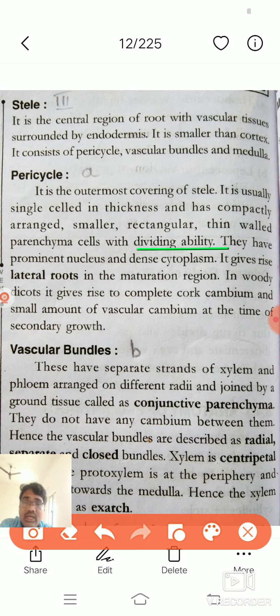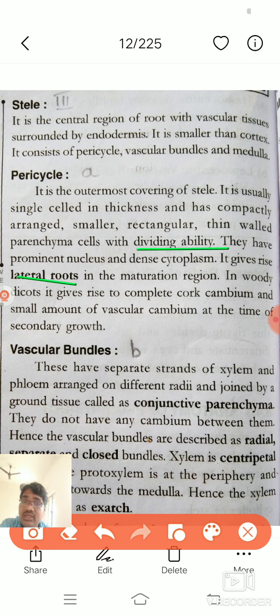They have a prominent nucleus and dense cytoplasm. It gives rise to lateral roots in the maturation region. So lateral roots originate from the pericycle. This is the most important concept.